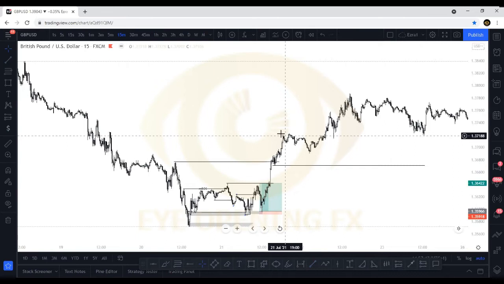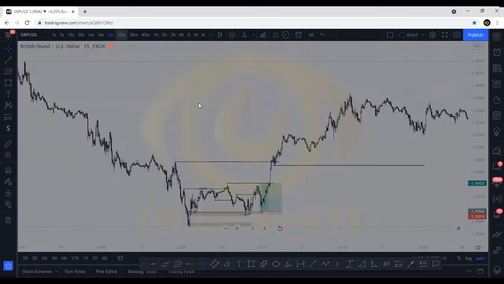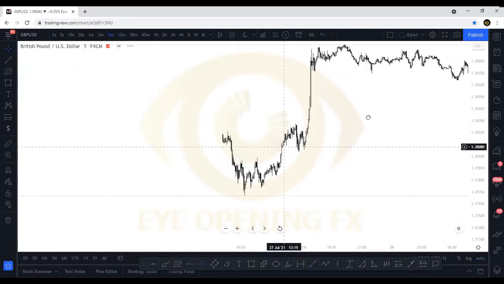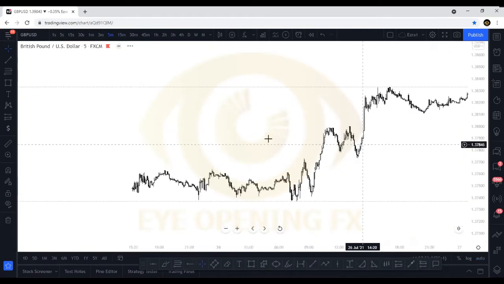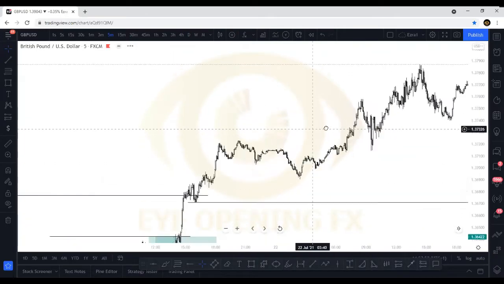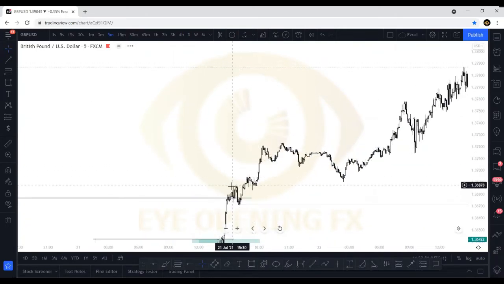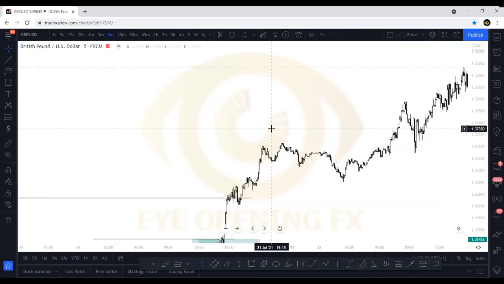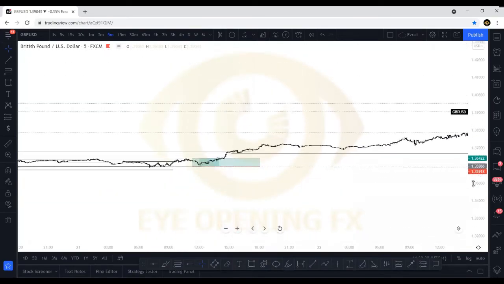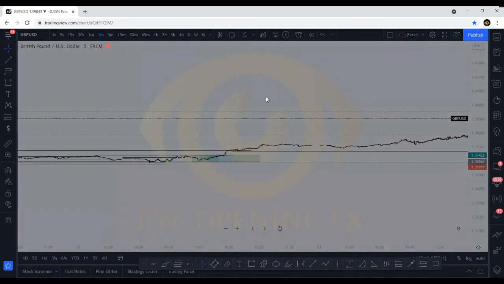Now here market gives a higher high, a higher low. Now let's continue following that M5, so we don't miss anything at all. So after market gives a higher high, a higher low, now let's use M3.